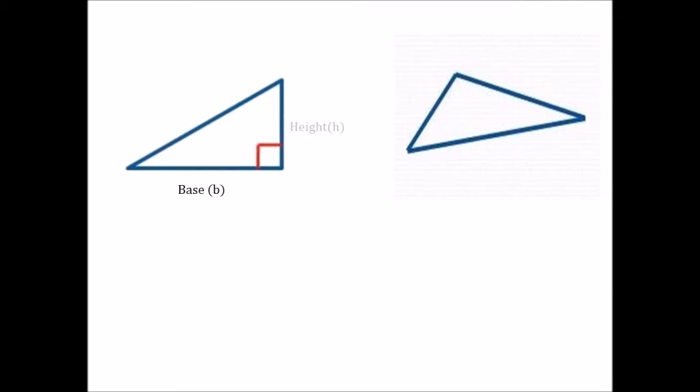For a right angle triangle, having base and height is not a problem, as they are already defined. And in any other type of triangle, to find area using half into base into height, we need to first measure the height, since area of triangle is equal to half into base into height.